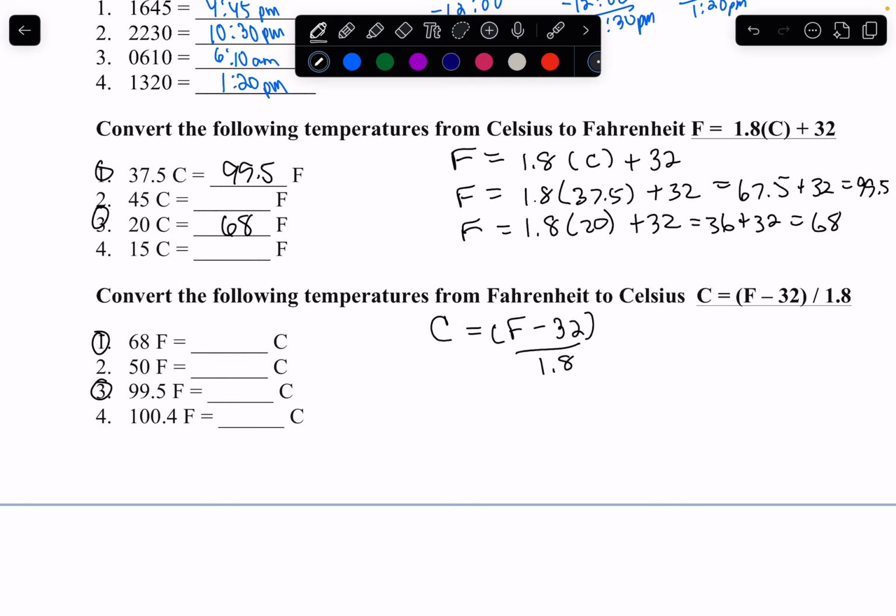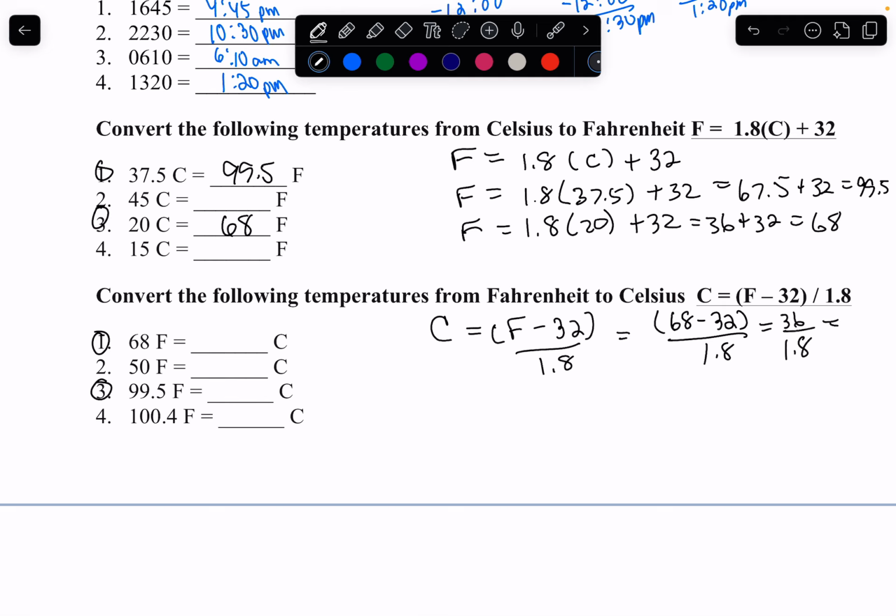Okay, so let's stick in 68 degrees. That would be 68 minus 32, divided by 1.8. Now, mathematically speaking, because the 68 minus 32 is in parentheses, you have to do that first. 68 minus 32 is 36.